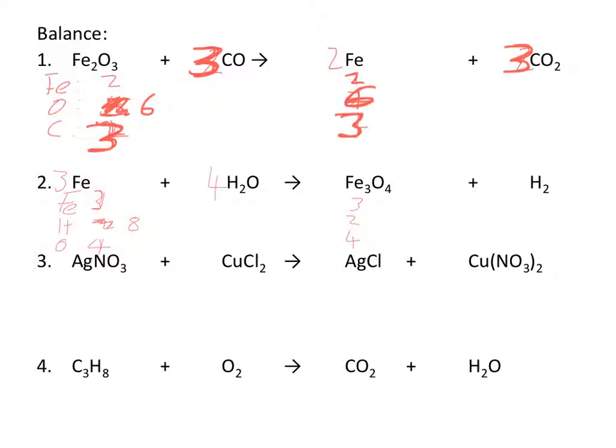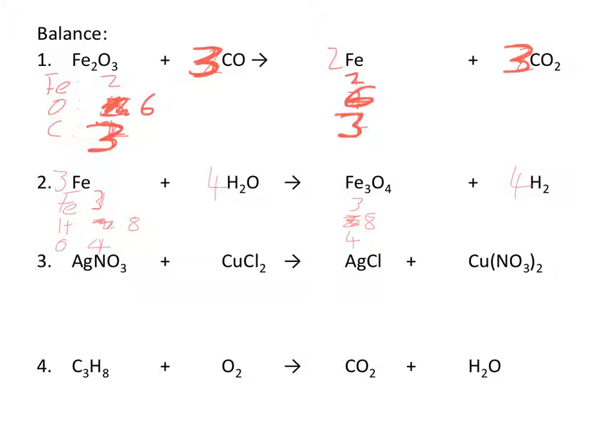But 8 to 2, well, that's quite a nice ratio. What about if we put a 4 over here? Does that sort our problems out? It means that instead of having 2, we've got 8, and it does. These numbers are the same as those numbers, which means we have the same number of atoms on the left and on the right, so our equation is balanced.